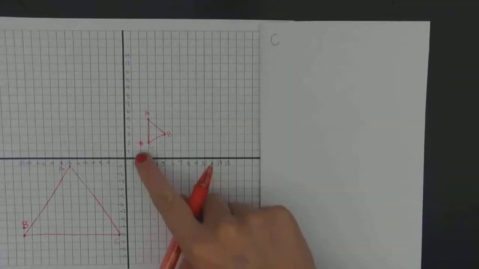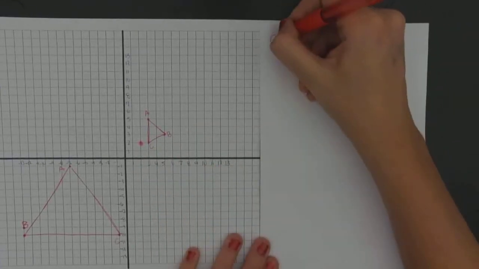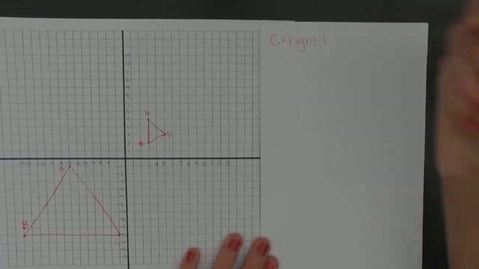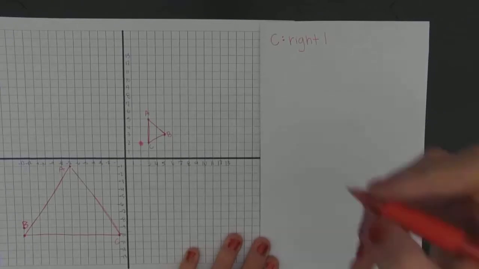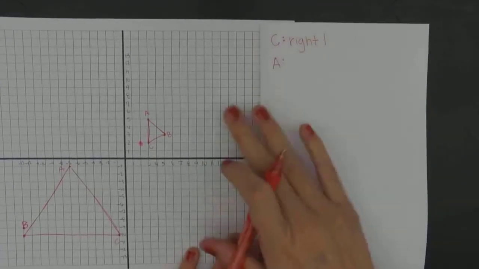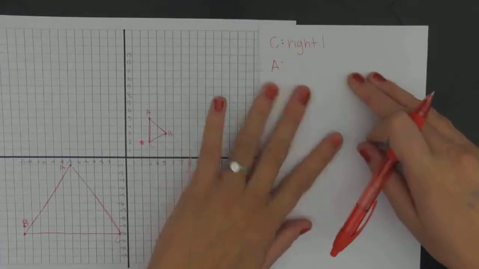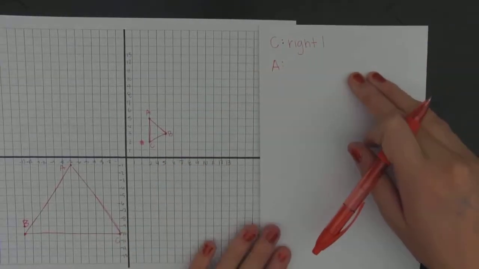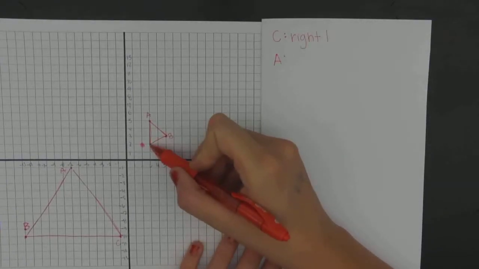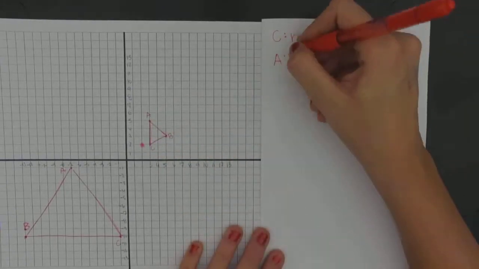So to get to point C, all I did was I went right 1. Cool. Okay, let's now do point A. To get to point A, it looks like I went right 1 and up 1, 2, 3.